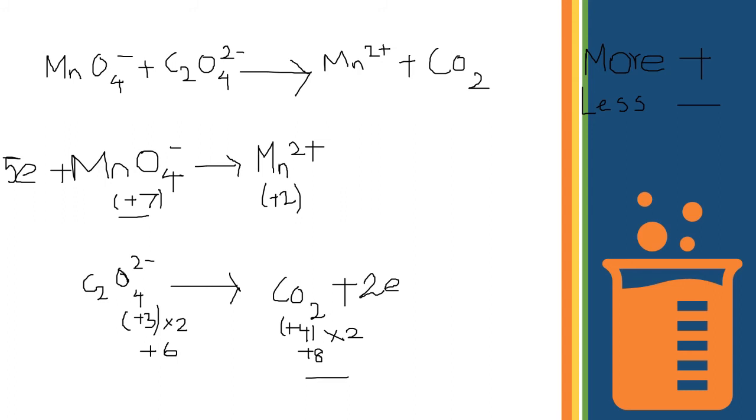Here, this is the step to balance charges. As per above method, in acidic medium, H plus is added to less positive or more negative side, and in basic medium, OH minus is added to more positive or less negative side, and then in neutral medium, either H plus or OH minus is added to the product side as per above method.